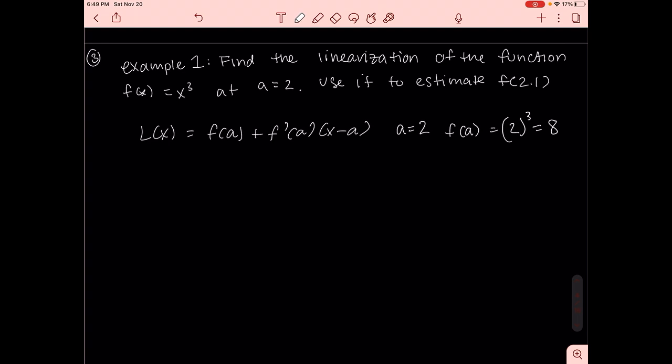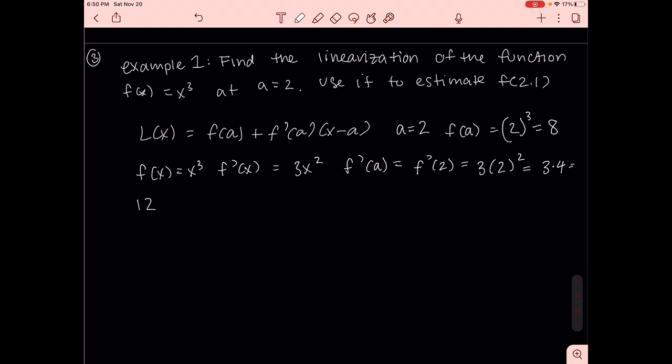And so now we need to find f prime of a. So let's start with f of x is equal to x cubed. That means that f prime of x is equal to 3x squared, and that f prime of a is equal to f prime of 2, which is equal to 3 times 2 squared, which is equal to 3 times 4, and we finally get 12.